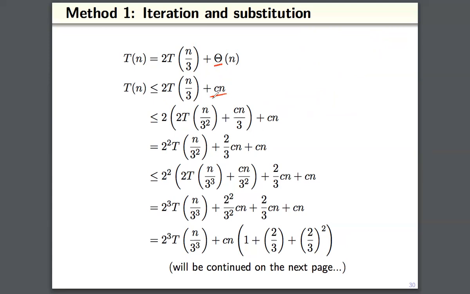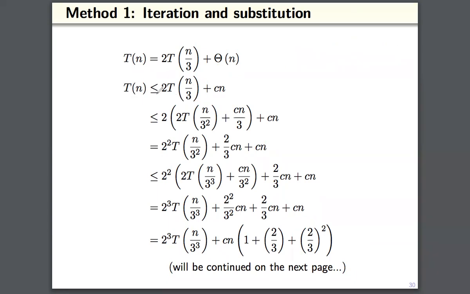That's the meaning of theta. Ideally, we should also show the lower bound, that means we should also have an equation like greater than or equal to 2T of n by 3 plus C dash n, because theta is both upper bound and lower bound. But here we will just focus on this upper bound.